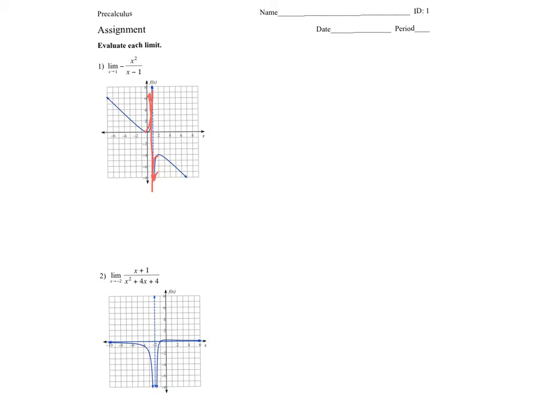Since they go in different directions and you can't decide what the limit is, it does not exist. Now, if I were to factor, I can't factor any of that and cancel anything in that equation. When you can cancel, then it does something differently.